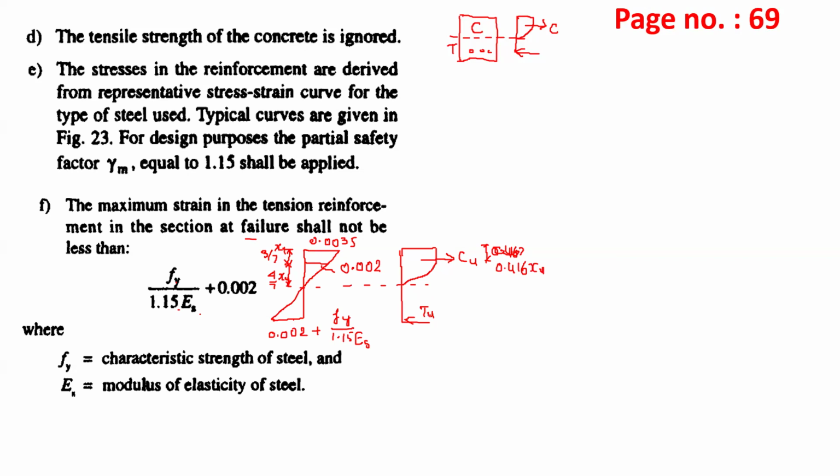So CU and TU. And then we have the lever arm, which is D minus 0.416 XU. We will assume 0.42 XU.